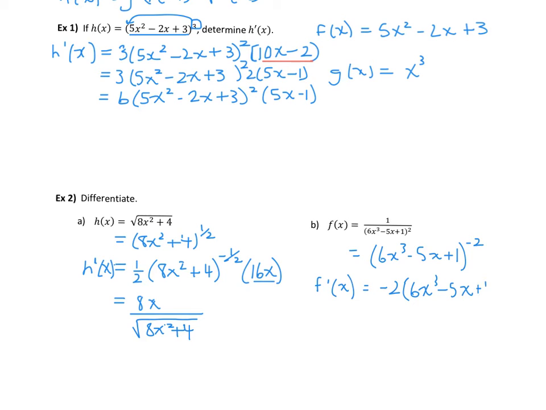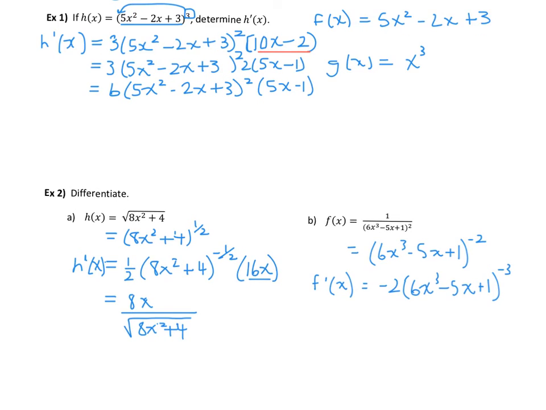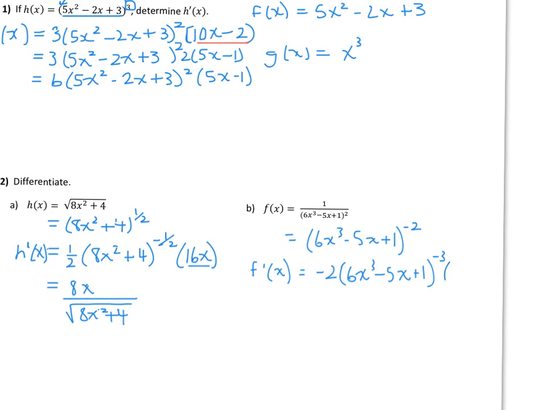And then we're going to reduce that exponent by 1. And then we have to multiply that by the derivative of what's inside. So 6x cubed, its derivative, 6 times 3 is 18x squared, minus 5x, its derivative would be minus 5.